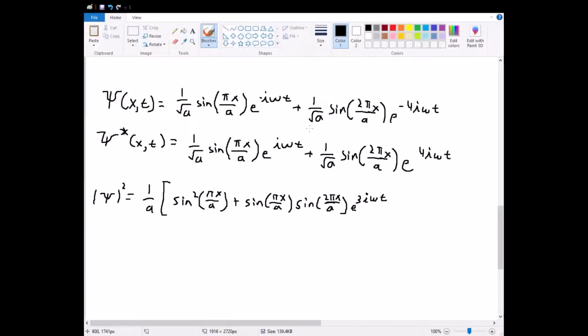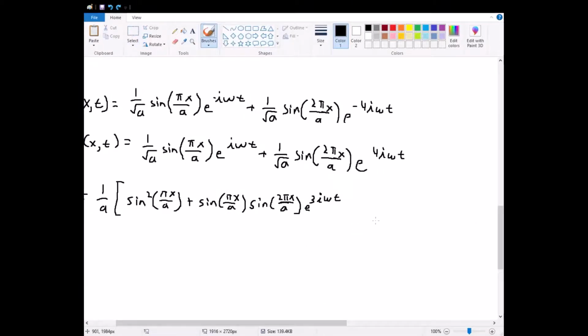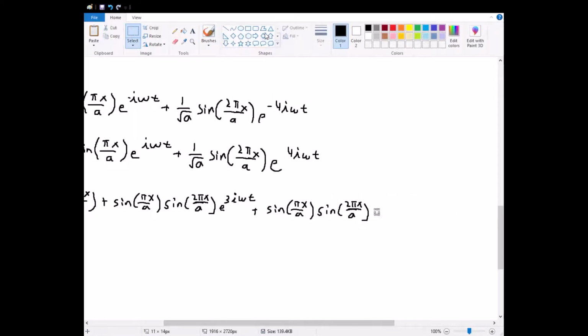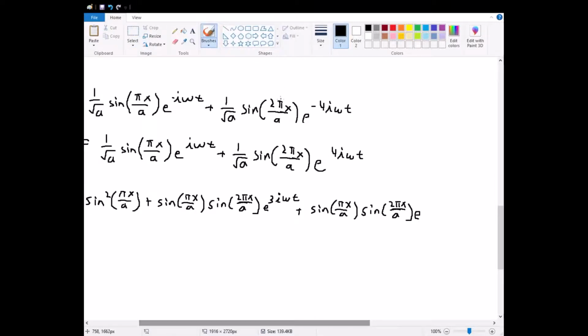Next, we have the second term multiplied onto the first term. So once again, sine of pi x over a times sine of 2 pi x over a that we're adding on. So we're going to add sine of pi x times sine of 2 pi x over a, and then we have our exponential, which is going to be e to the power of, and here we have e to the negative 4i omega t multiplied by e to the positive i omega t.